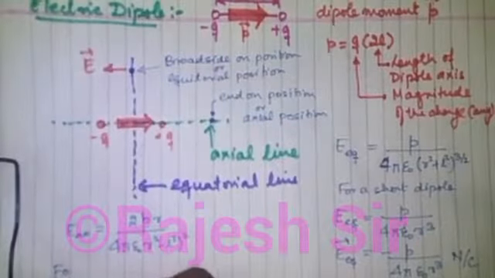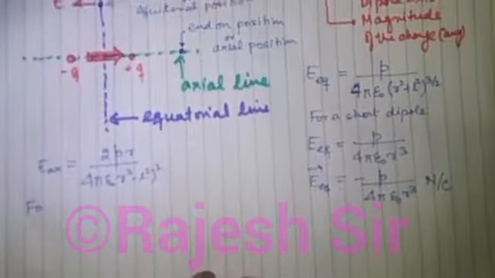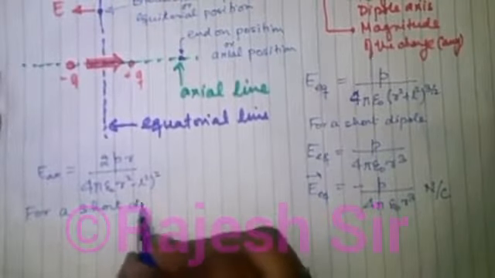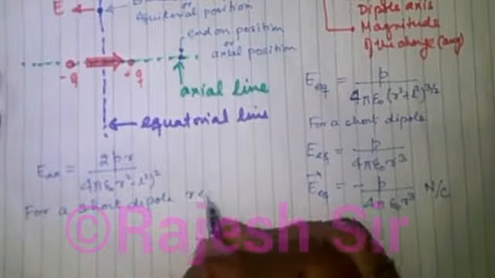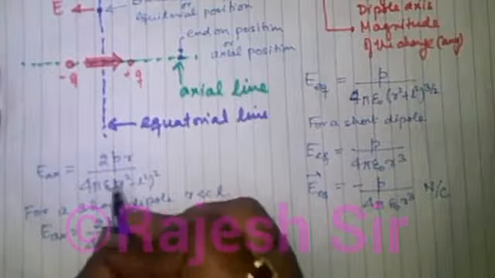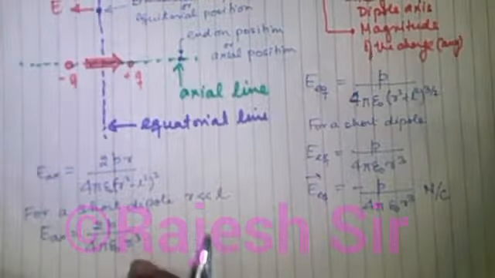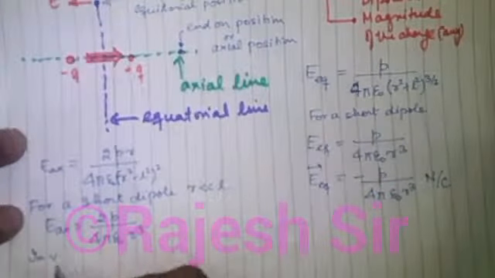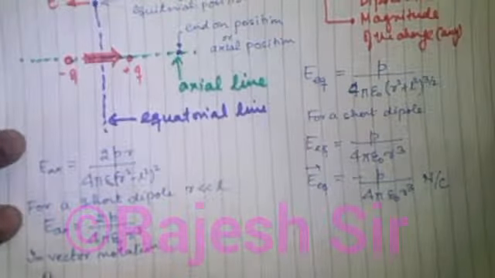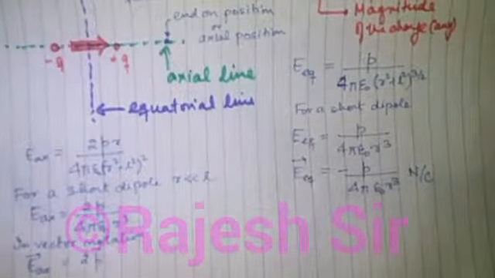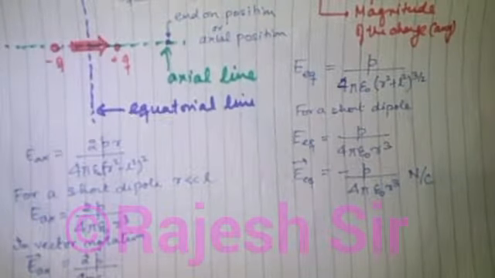Now for a short dipole, r being very much greater than L, E axial will be equal to 2P upon 4 pi epsilon naught r cube, and in vector notation E axial will be 2P upon 4 pi epsilon naught r cube.